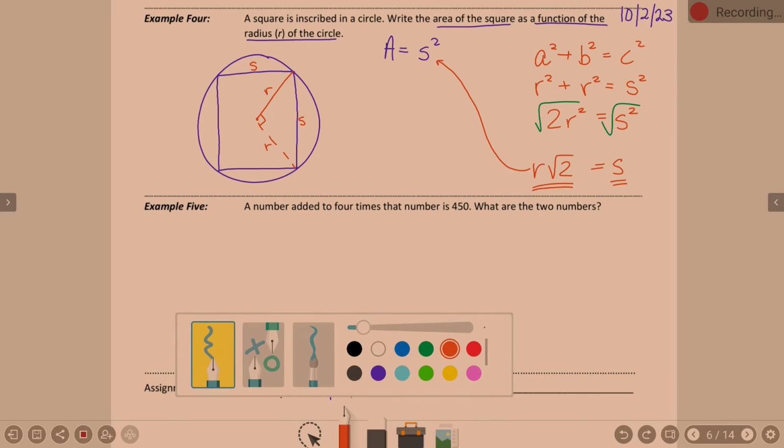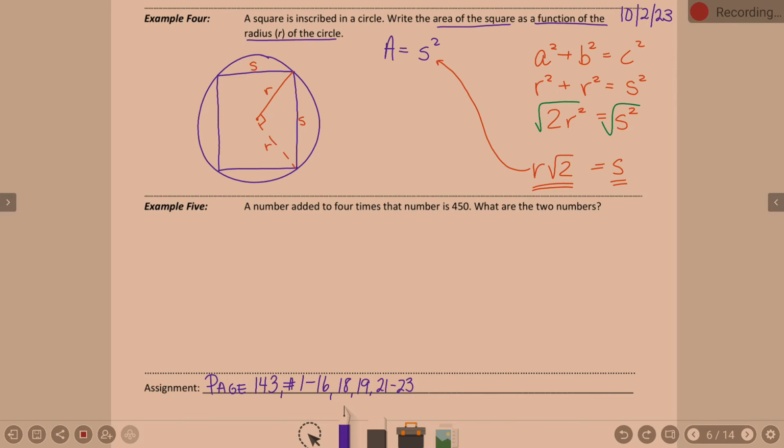So we already talked about area of a square being S squared, except that what do we know S is now? S is equal to R square root of 2. So we take R square root of 2 and square it. And then we're just squaring back what we just square rooted.